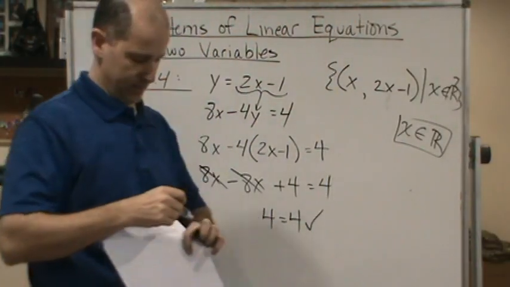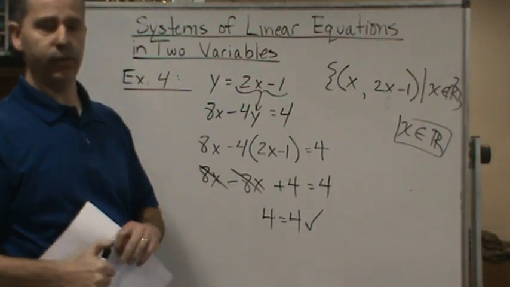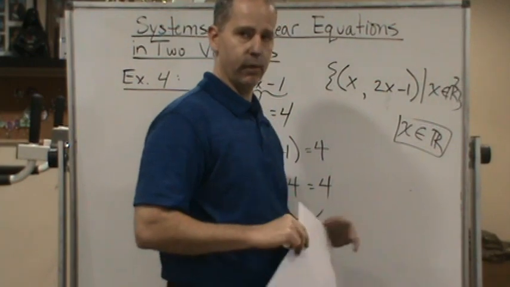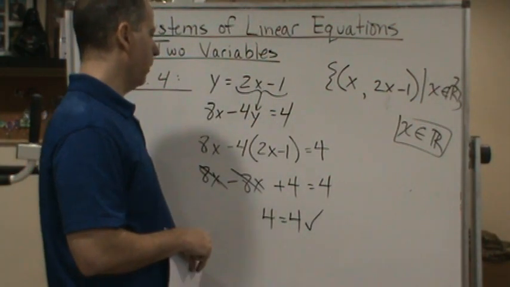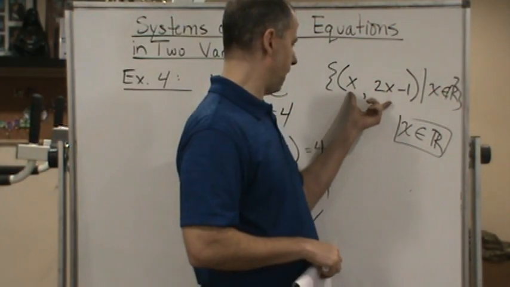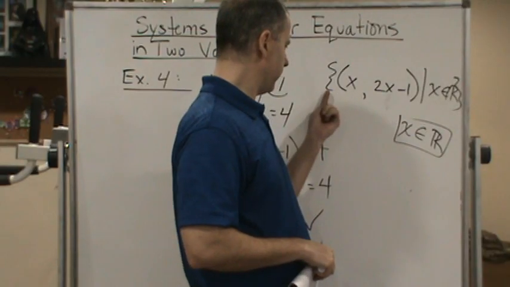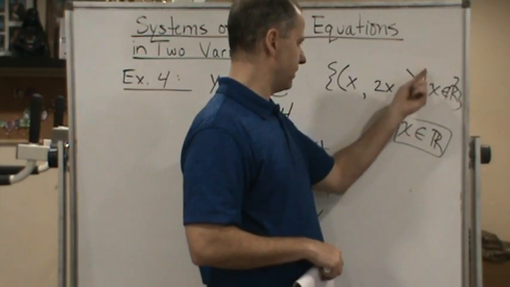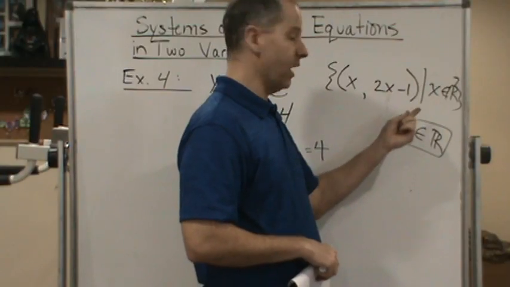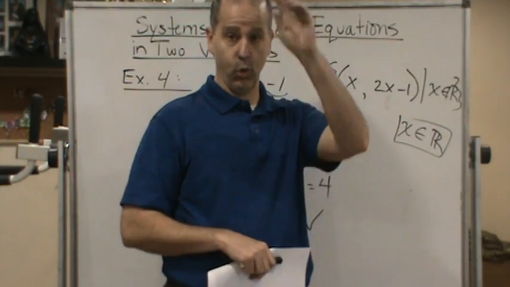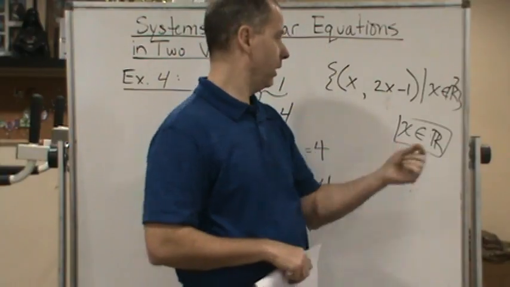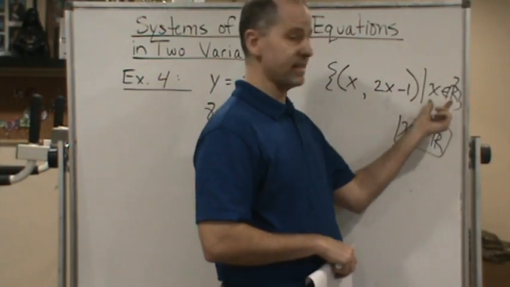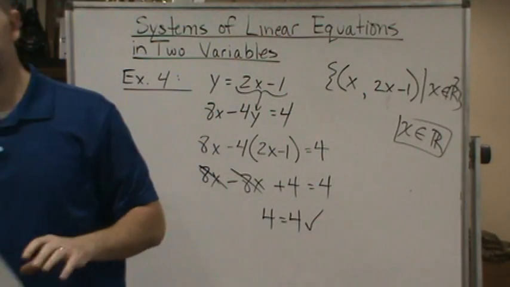I don't care. You don't have to know the symbolism for this class, but you do have to write it in this form. Set notation is important. This vertical line means such that. Sometimes you use a colon. A colon or a vertical line, same thing. So such that x is any real number.